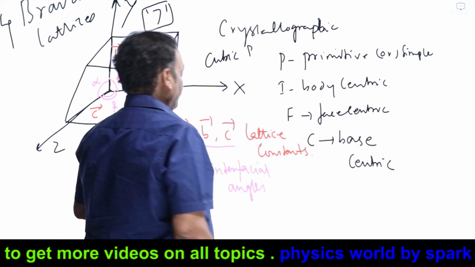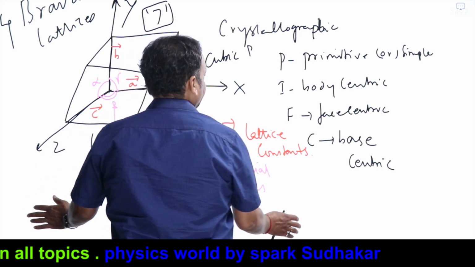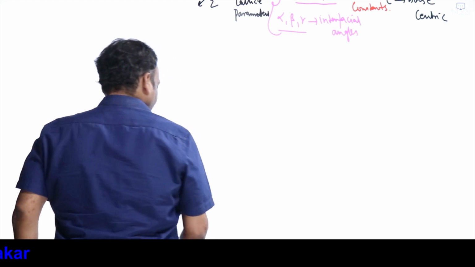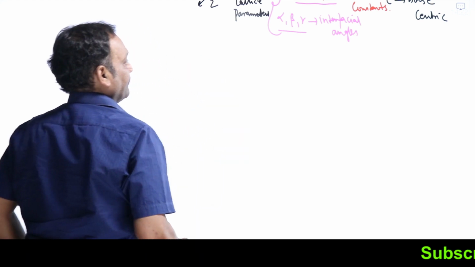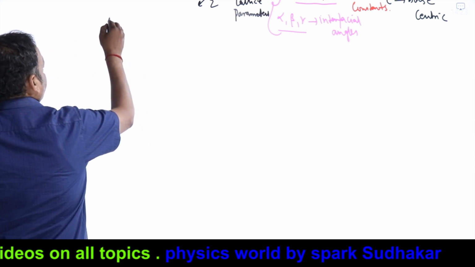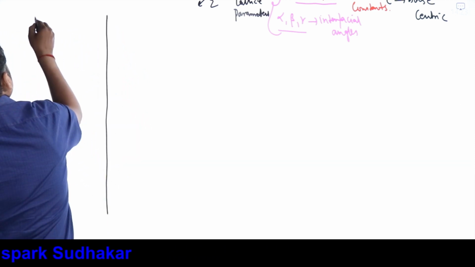Now, what is the chart? The chart is given like this. Take your own time, slowly try to get that chart into your mind. Very important from the exam point of view. The first column in the chart will be crystal system.